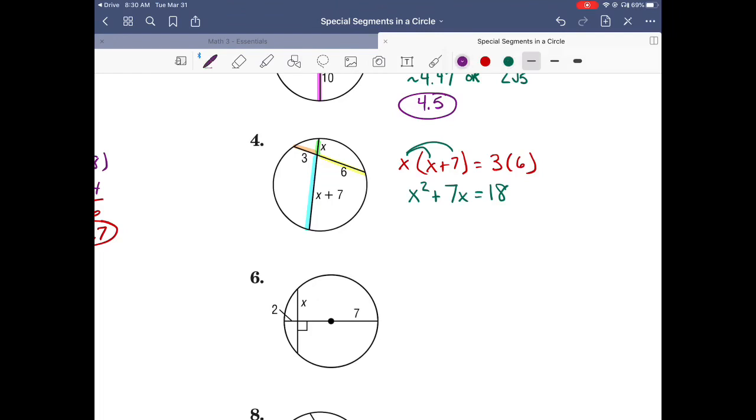With quadratics, because this has x squared, we're going to set it equal to 0, and then we can factor. Negative 18 goes up top, positive 7 on the bottom. Two numbers that multiply to give me negative 18 but add to give me 7 are positive 9 and negative 2.